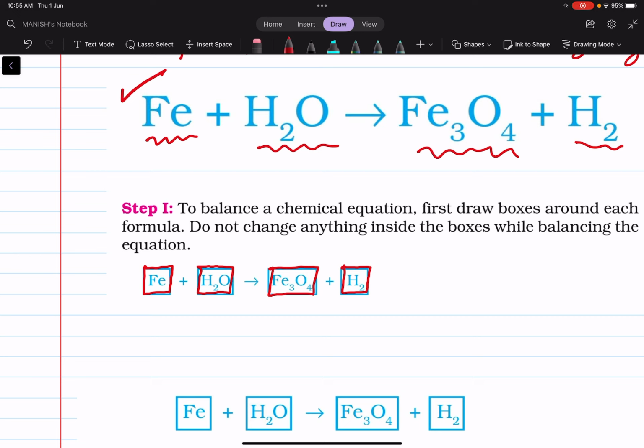So we will not change any number inside these boxes. You can see here H2O. So we will not change this 2, this 3, 4 and this 2. These digits will not be changed, because if you change those, the formula will be wrong. So this is the first step.